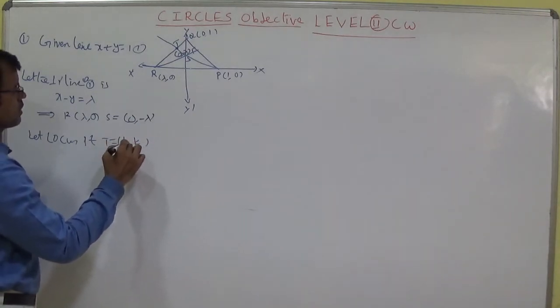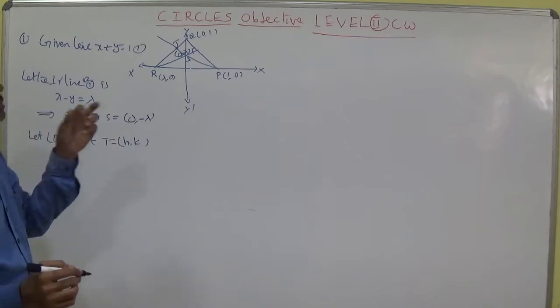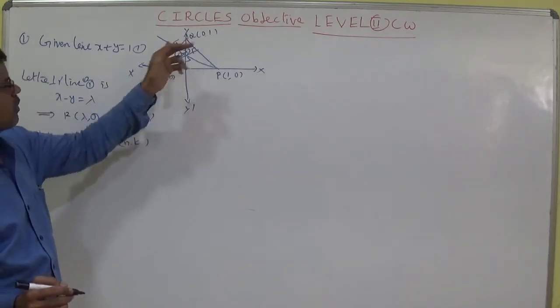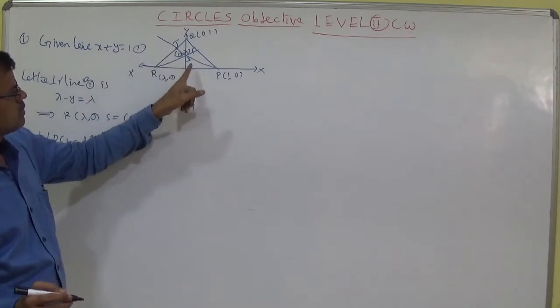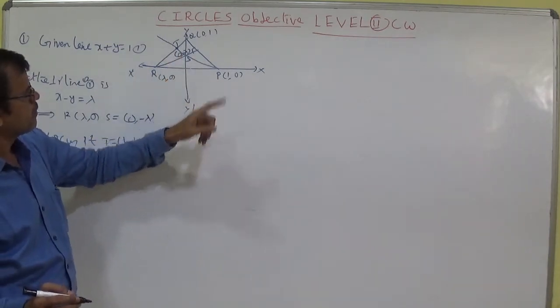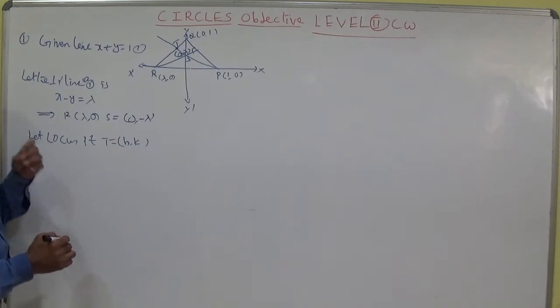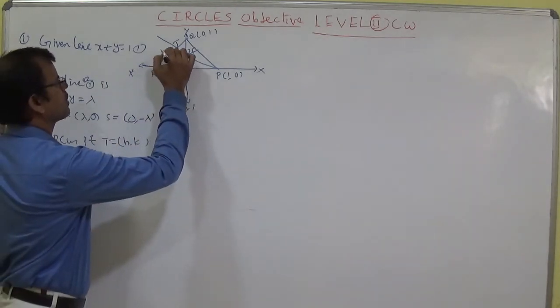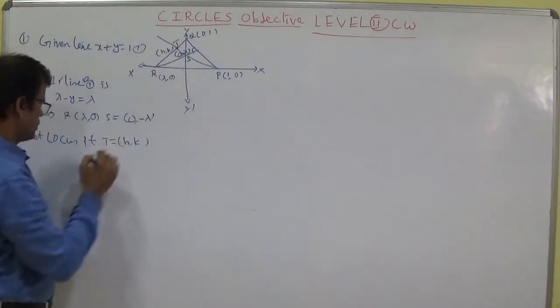So depends upon this one, we can say that slope of TR is equal to slope of QR. Slope of TS equal to slope of TP. Okay. T means h comma k. You can write h comma k is the locus point.